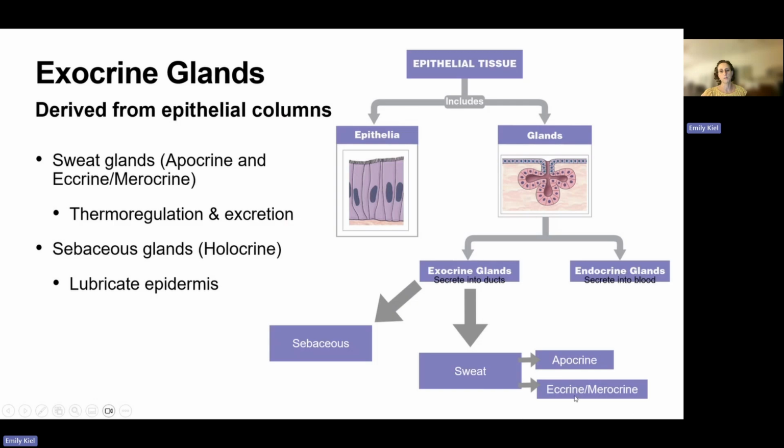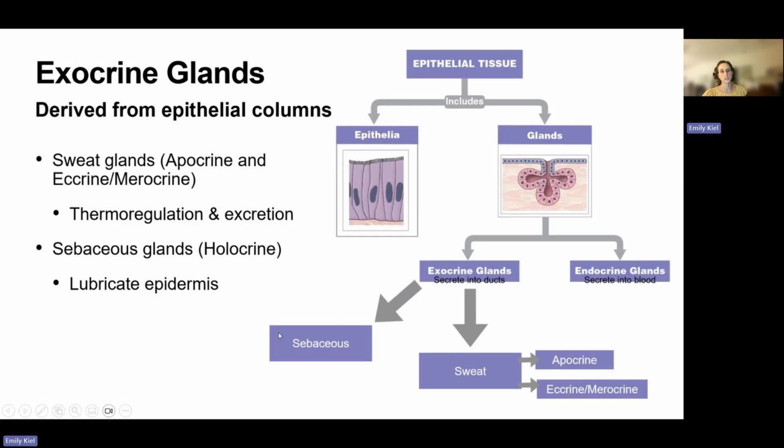So our eccrine or merocrine glands are kind of the sweat that we see that's thin, clear. And then we've got the apocrine sweat glands in places like the inguinal area or the pubic area and the axillary area that are going to be a little thicker and may have more odor.